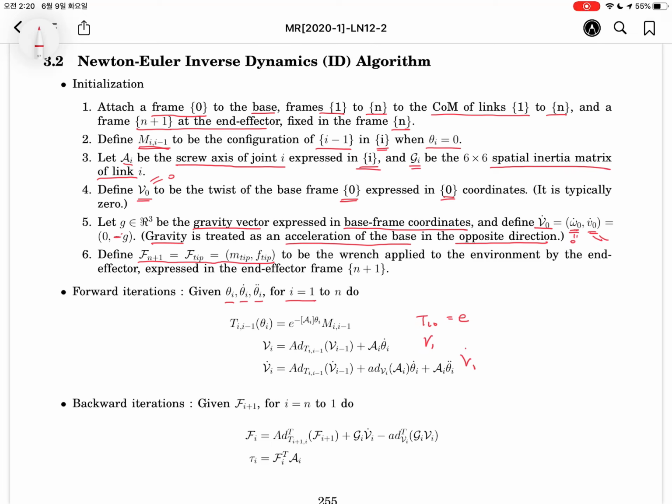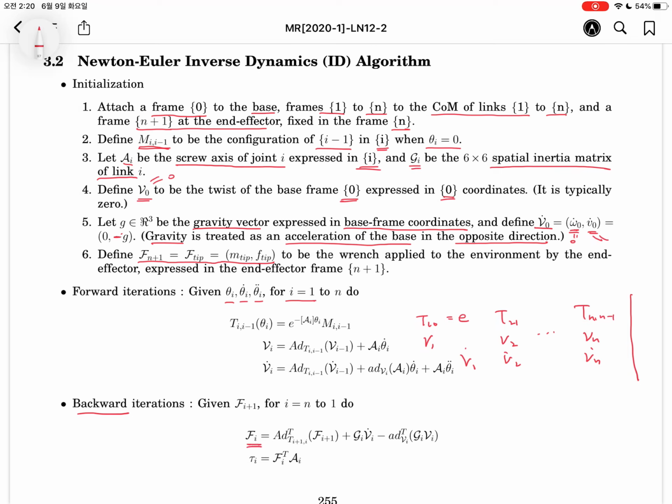And then i will be increased to 2, then T_{2,1}, V2 and V2 dot. Like this, we can determine up to n minus 1, Vn, and Vn dot. Okay, completing this twist and acceleration, then we will apply the backward iteration to determine the F_i.